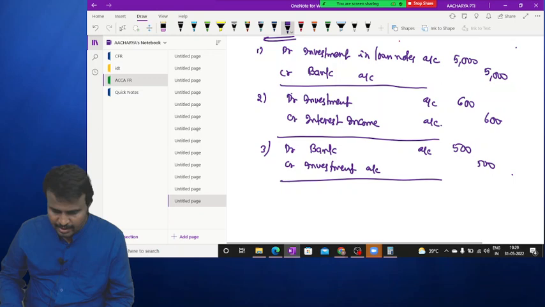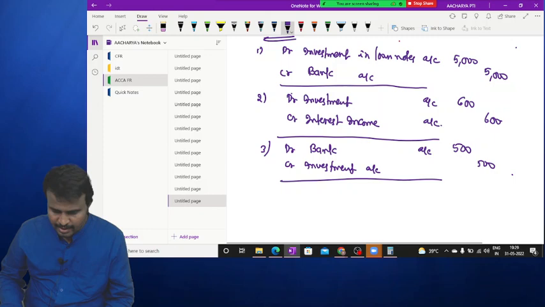What is the default approach relating to the equity instrument? Fair value through P&L. In case of debt instrument also, the default approach is fair value through P&L.